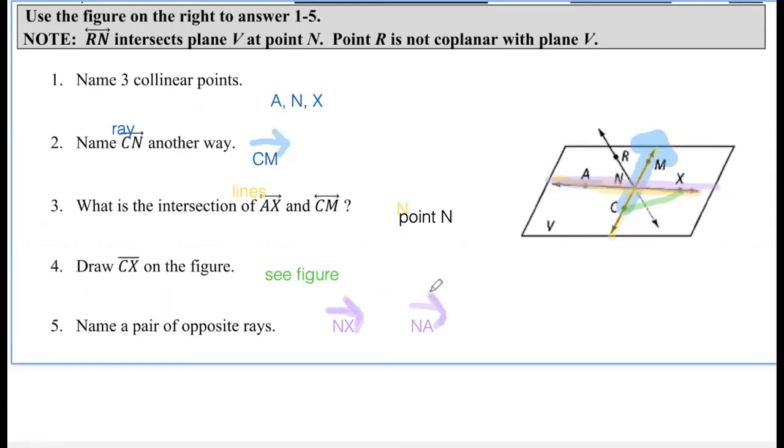It should be above the two opposite letters because these are opposite rays. Okay, those are 5 problems for review. We will pause for a moment and then we will do a couple more.